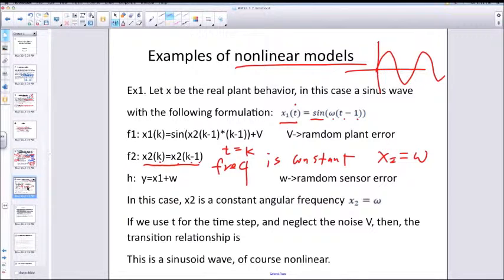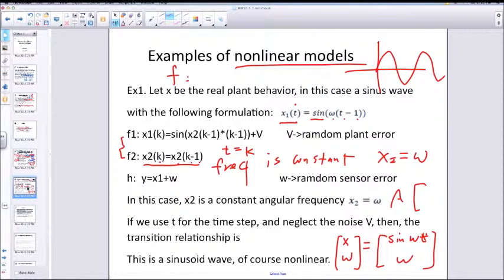So if this relationship f is not linear, actually the f is, let me write it so it's easy to read, x omega equals sine omega t, and the omega itself. And this you cannot write into a matrix times x and omega. So it's not linear.